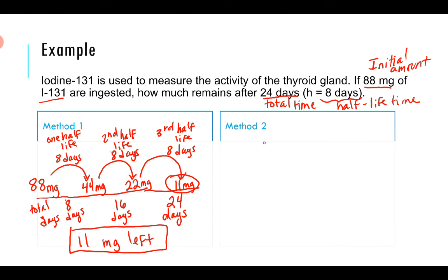Another way of figuring this out is looking at how many half-lives have occurred. My total time is 24 days, and each half-life takes 8 days. And so that means that I'm going to have 3 half-lives. Then I can take my initial amount of 88 milligrams and multiply by 1/2 3 times.